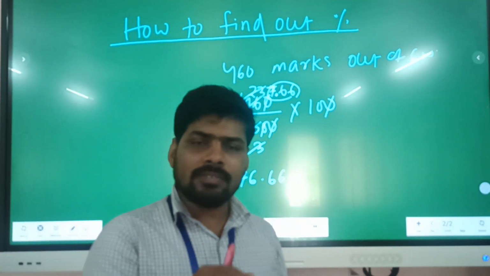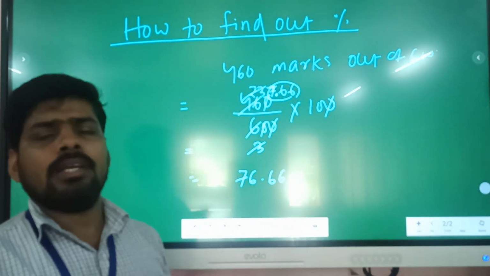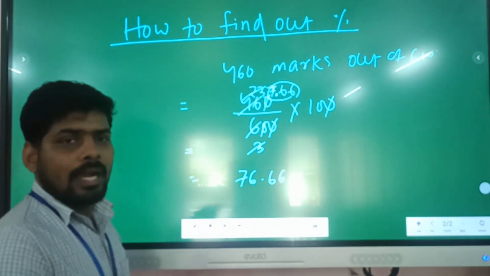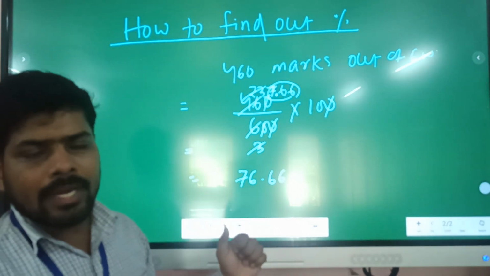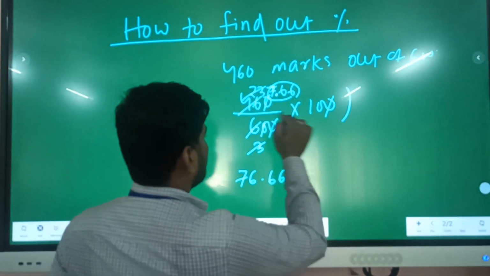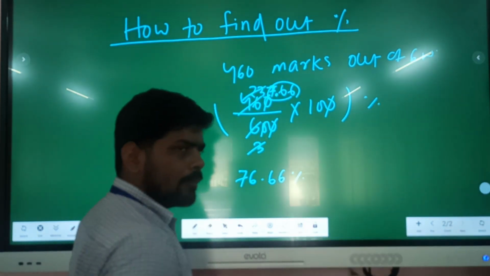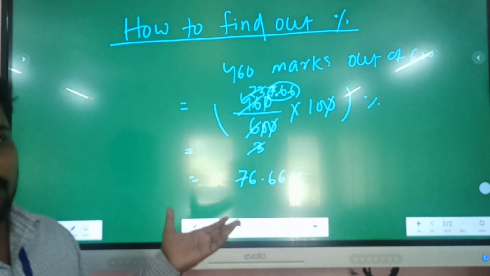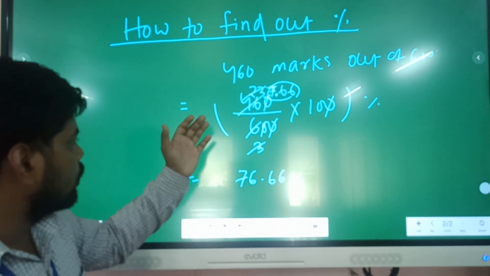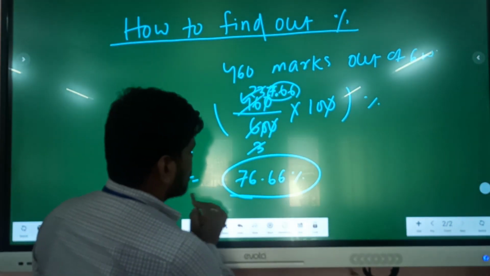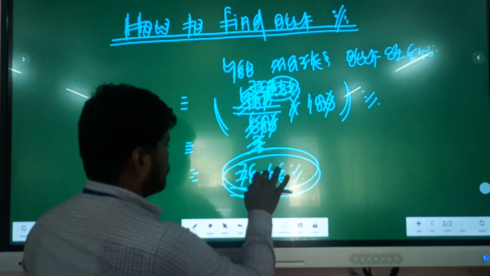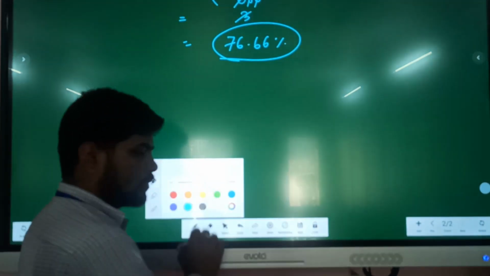These are used in fractions. So in order to convert a fraction into percentage, as earlier I have told you, we need to multiply by 100 and a percentage sign should be there. After solving the problem, we found that the result is 76.66%.